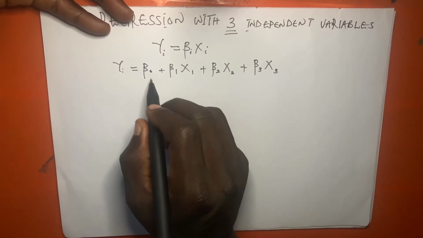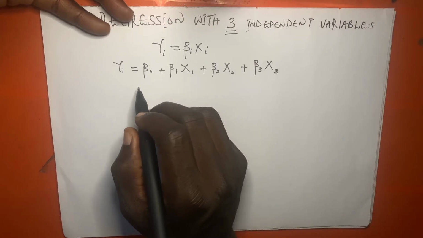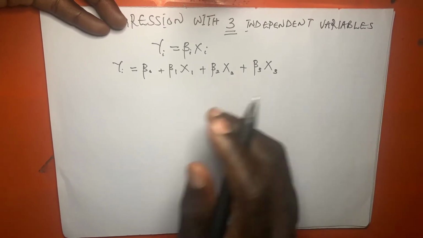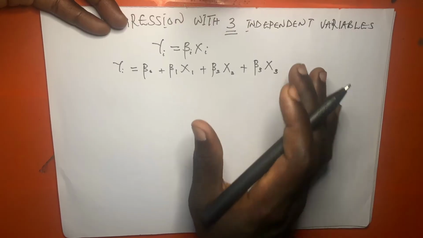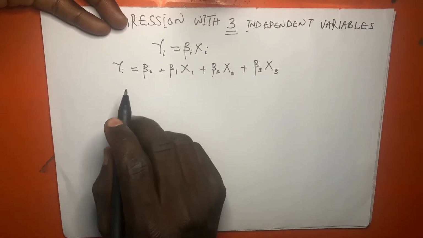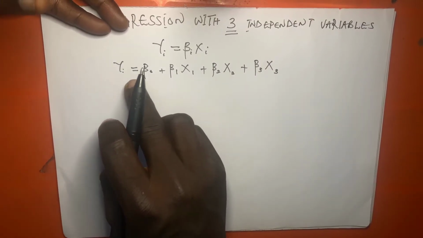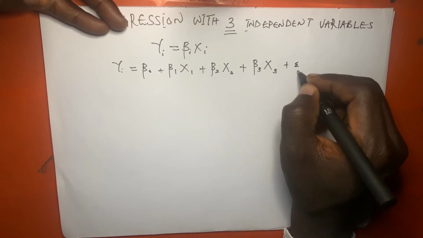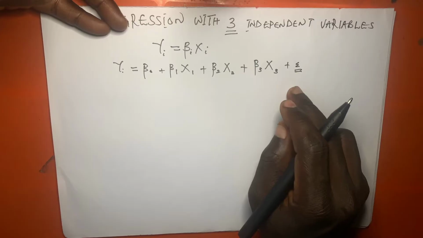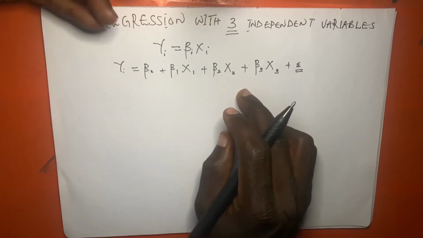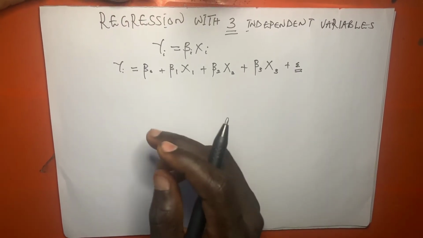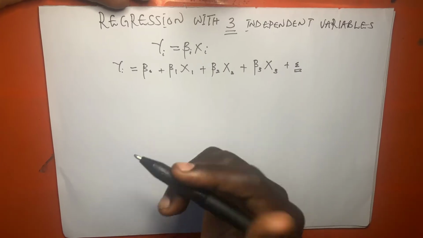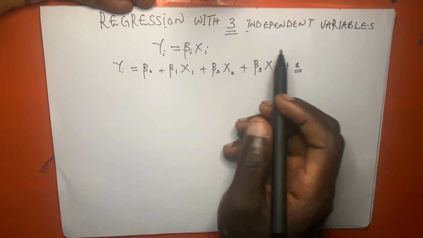For us to get the value of beta naught, because we are not going to get all of these together, we're going to sum all of this model. Although here it is supposed to be with an error term, we are not focusing on the error term in this video. We're just focusing on how to get the values of the parameters in regression with three independent variables.